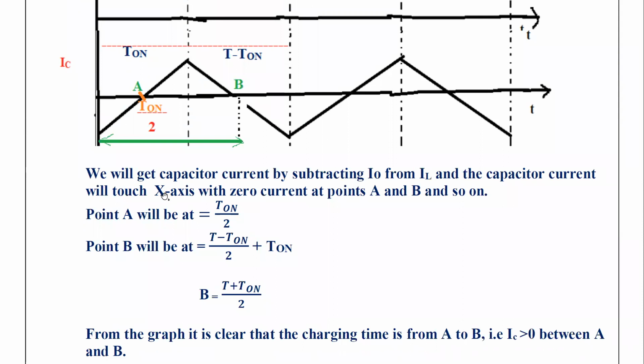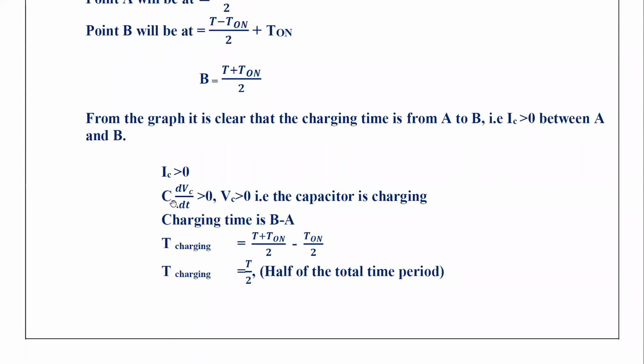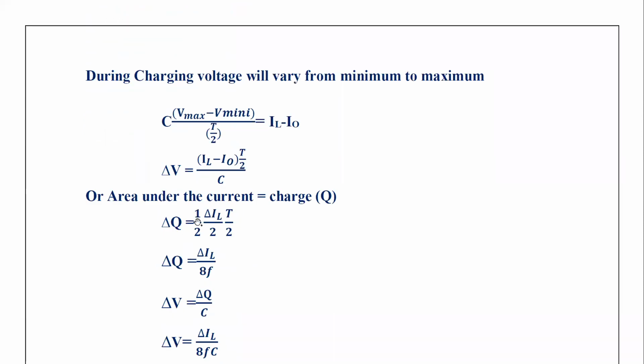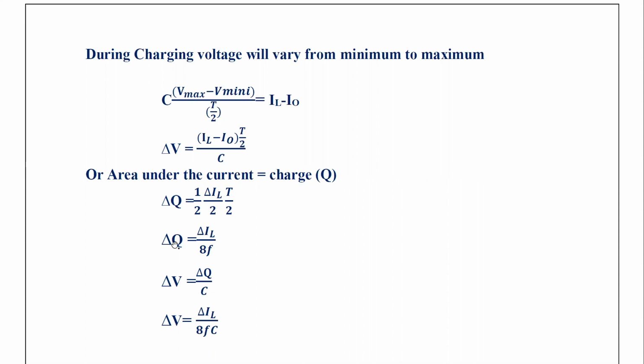So delta Q is equal to half into base T by 2 into height delta IL divided by 2. When you write T as 1 by F, this becomes 2 into 2, 4, 4 into 2, 8. So delta Q is equal to delta IL by 8F, and delta V is equal to delta Q by C.